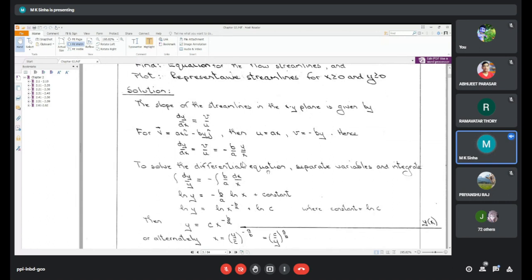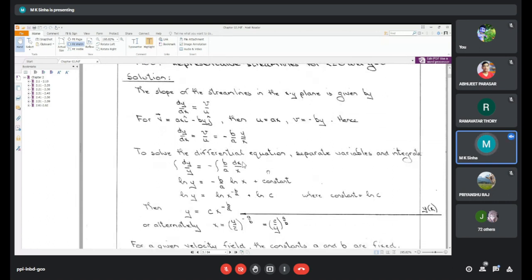Integrate it: dy by y equals minus b by a dx by x. ln y equals minus b by a ln x plus some constant, or ln y equals ln x to the power minus b by a plus ln c. So y equals c x to the power minus b by a.